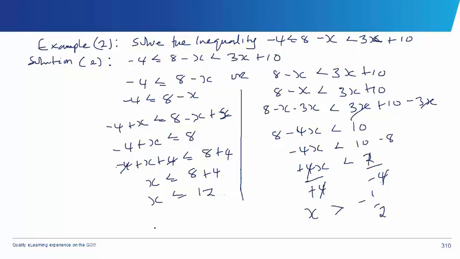And so look at the two outcomes. You have that x is less than or equal to 12, and x is greater than minus 1/2. So we can rearrange it this way, that minus 1/2 is less than x, and x is less than or equal to 12.